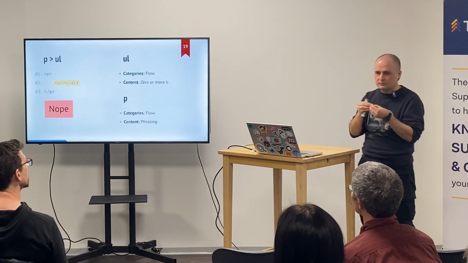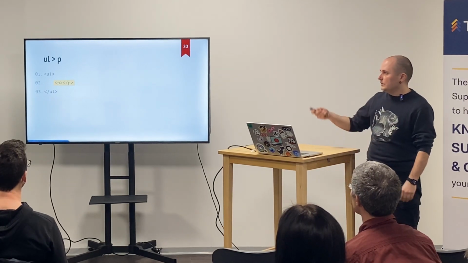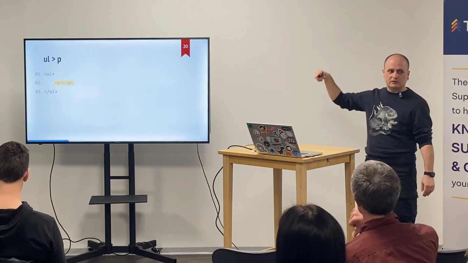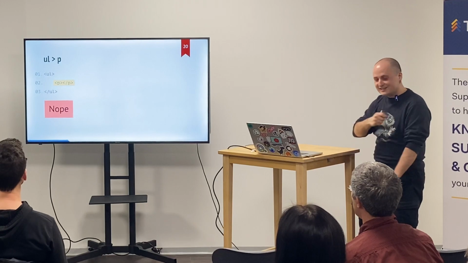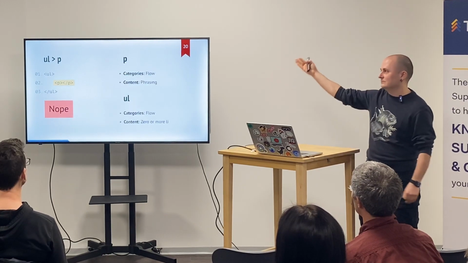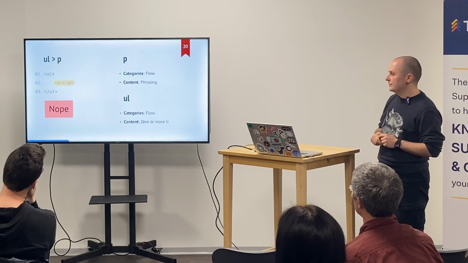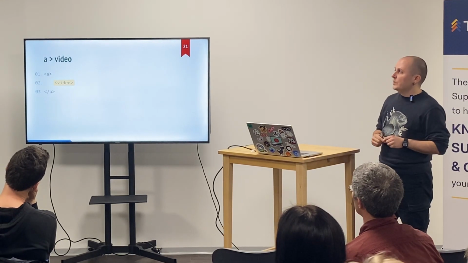They're not matching. You're not supposed to nest this tag inside of the other. And what about vice versa, like P inside of UL? Is it all right? No, it doesn't look right. Yes, you're right, because as we just discovered, content models are not relevant here.